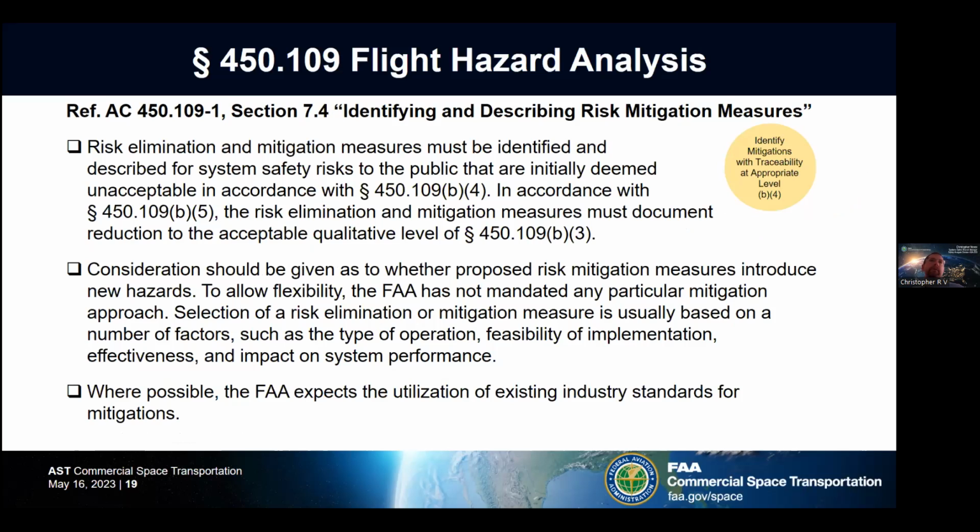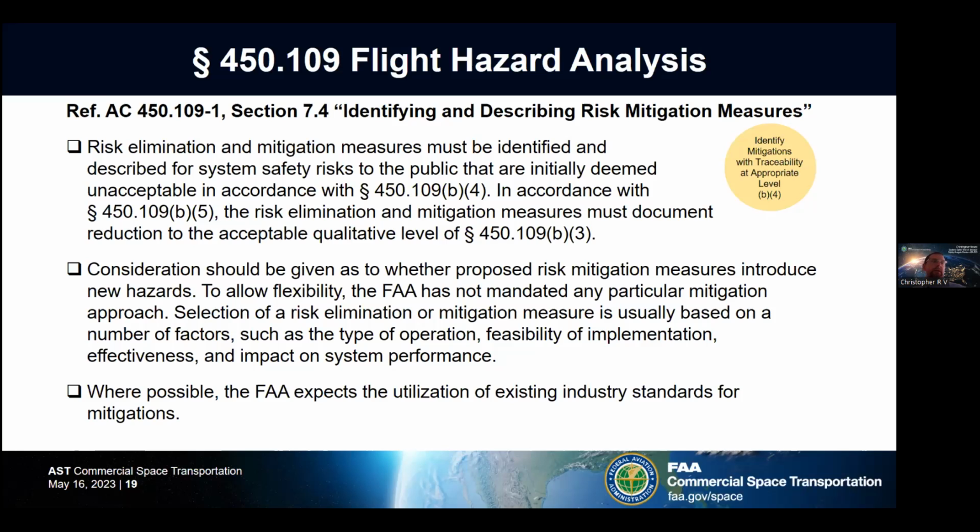Section 7.4 of the AC discusses identifying and describing risk mitigation measures. These measures must be identified and described for system safety risks that are initially deemed unacceptable. In accordance with B5, the risk elimination and mitigation measures must document reduction to the acceptable qualitative level of 109B3.